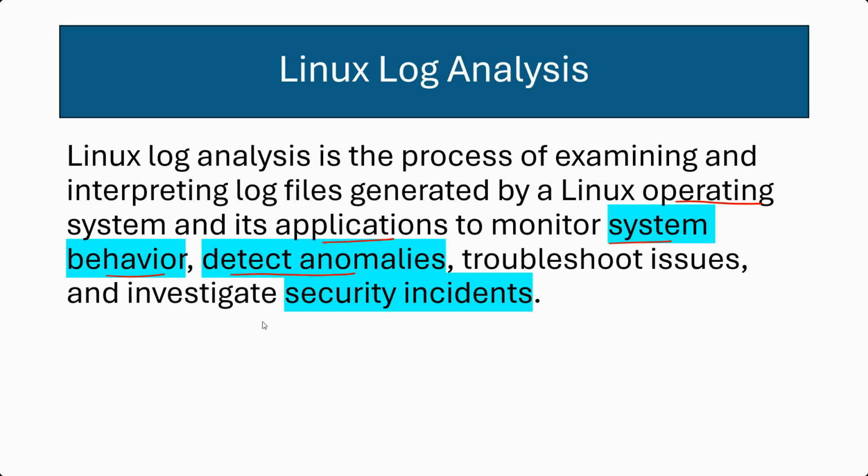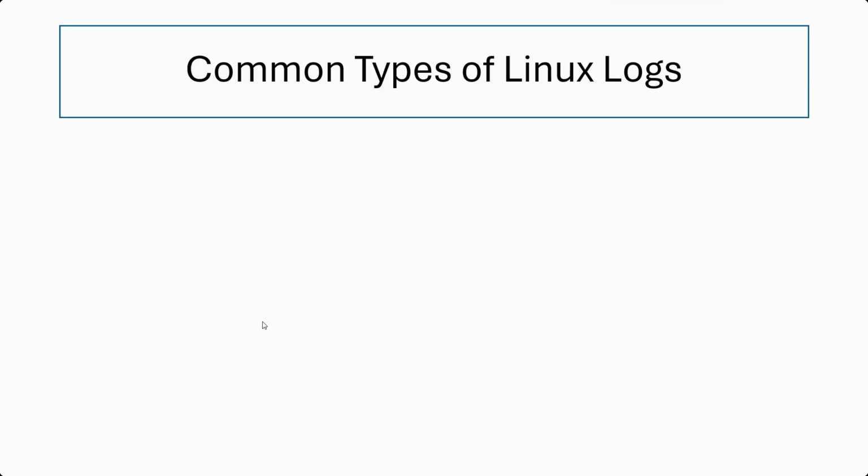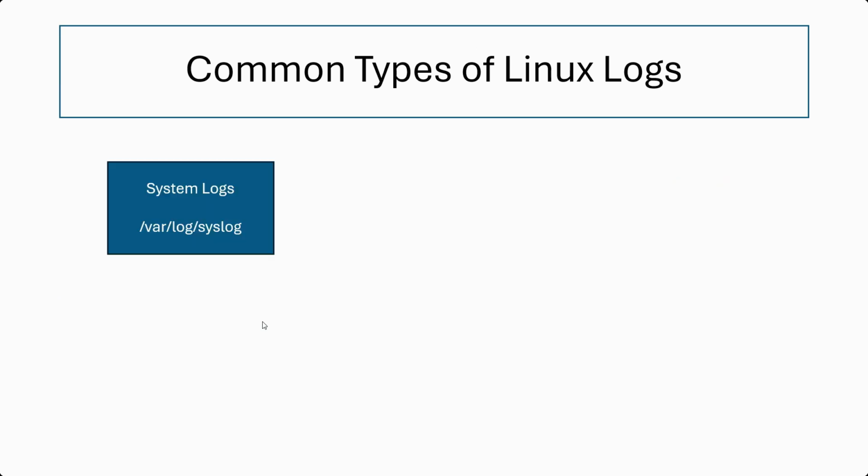Okay, let's talk about some common types of Linux logs. These are all application as well as operating system generated logs. The first is the system generated logs. You can find system generated logs at the /var/log/syslog location.